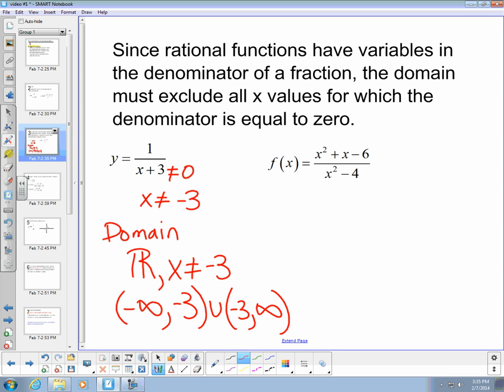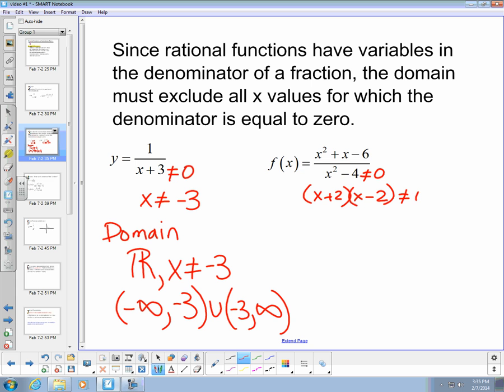On the second fraction, I still can't have my denominator equal to 0, but this time I can either factor or I can solve the quadratic. If I factor this out, x squared minus 4 is x plus 2 times x minus 2. So I can't have either one of those factors equal to 0.